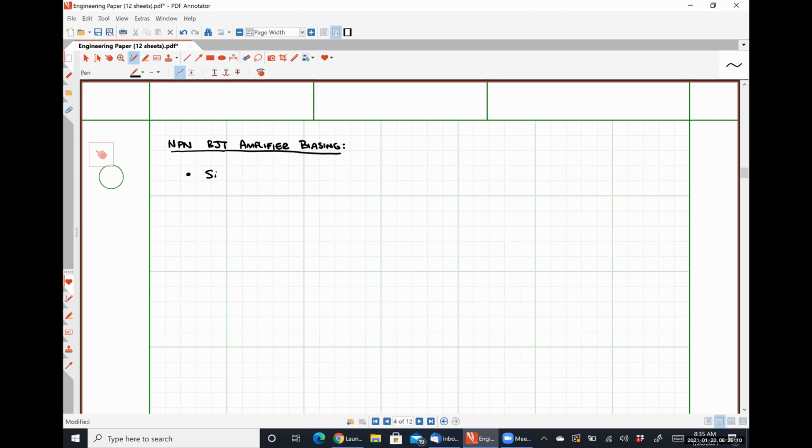So let's start with what the textbook calls simple biasing, okay? So a simple biasing scheme looks something like this. And this should arguably be a little bit familiar.